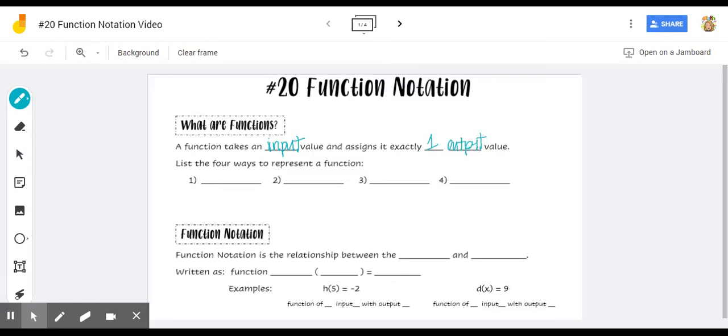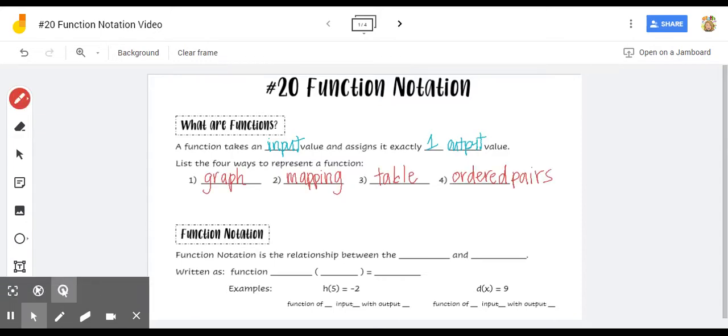The four ways that we can represent a function are graphs, mappings, a table, or ordered pairs. So that's just a quick little rehash.